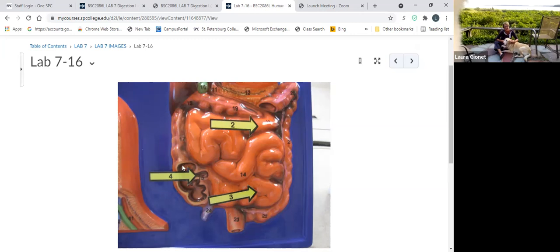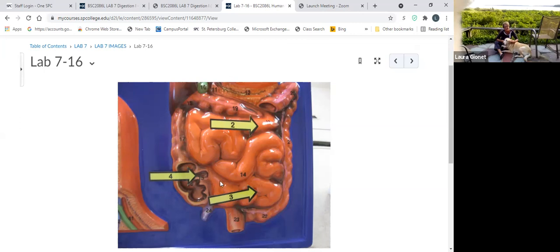And where the ileum meets the large intestine here at 16, we have 15, the sphincter, or 4 is pointing to that sphincter, and that is the ileocecal valve. Like any valve or sphincter, it relaxes and contracts.